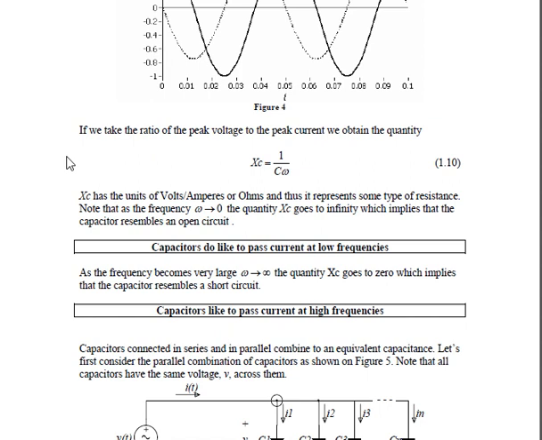For the inductor, XL equals omega L, where omega is 2 pi multiplied by the frequency.